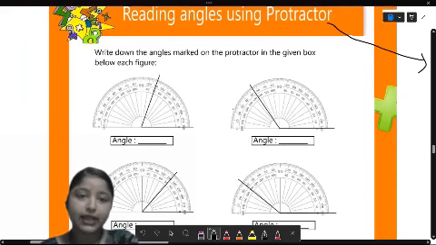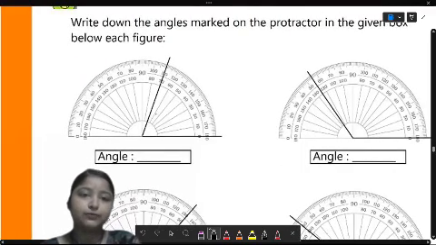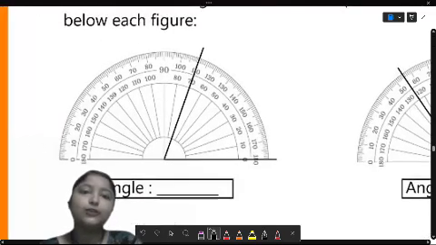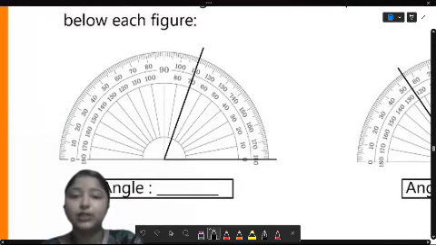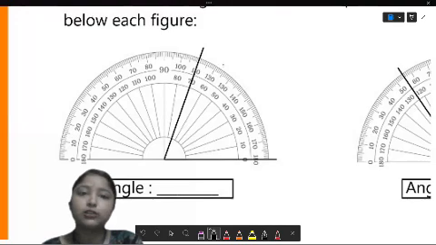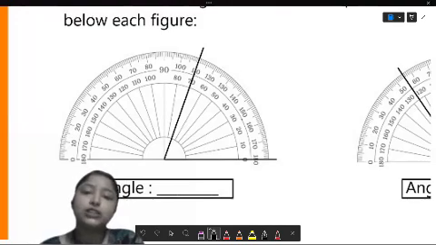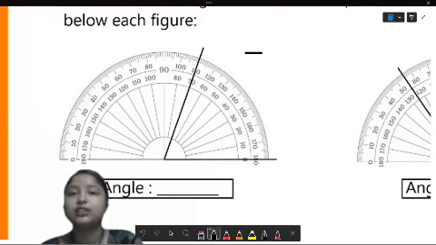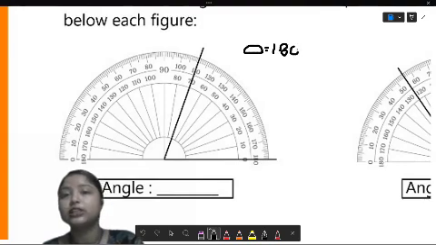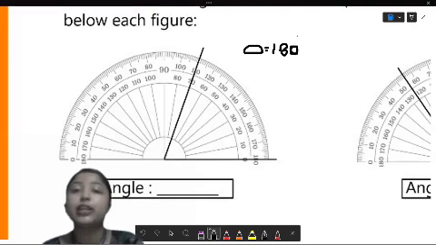For example, I have this protractor with me, as you can see. Now, how does this protractor work? It looks like a semicircle. Since you know that a semicircle makes 180 degrees as a whole, this protractor can measure a maximum of 180 degrees.